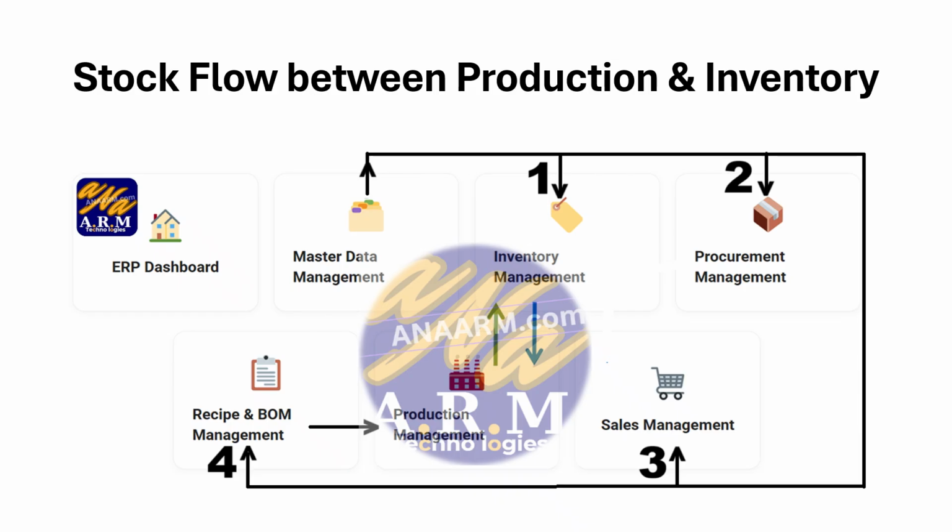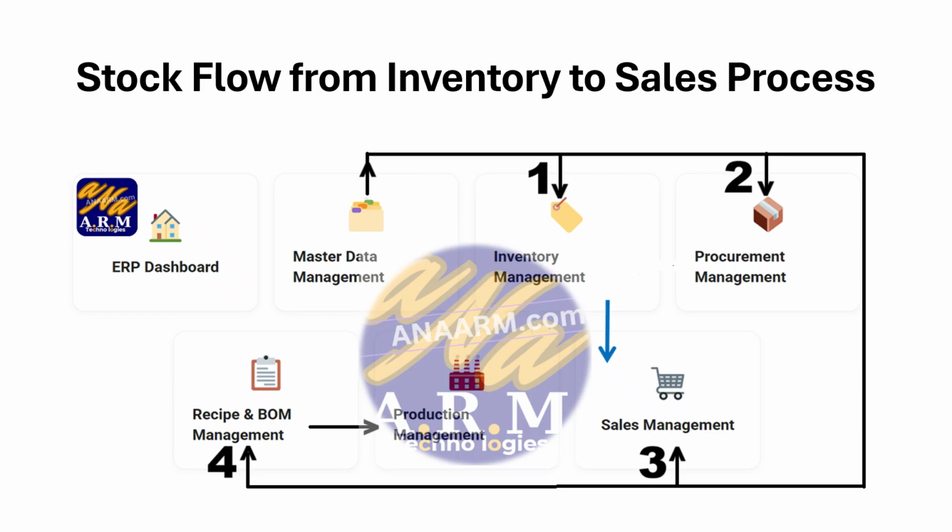Then after production is completed, the finished products are returned to inventory. That is stocking from production to inventory. The green arrow is indicating that, which means production is a two-way traffic for stock management.